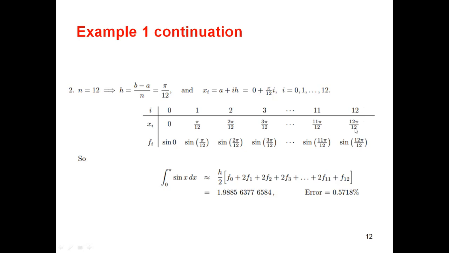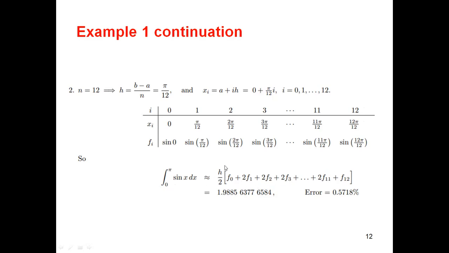These x values, you're going to substitute into the sine function. Just like what we did a while ago with 6 intervals, this time we use 12 intervals. So you have f sub 0 and f sub 12 not being multiplied by 2. All the terms in between will be multiplied by 2.